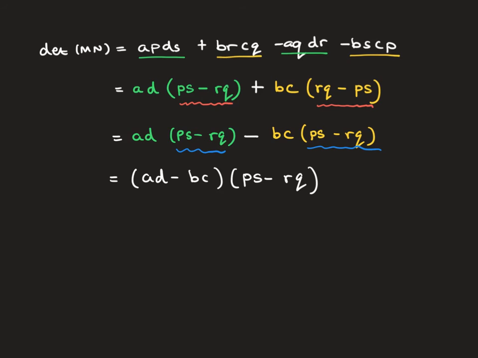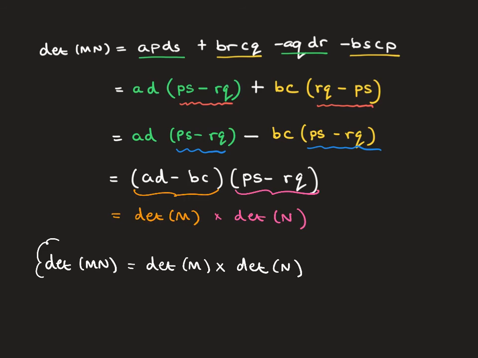Now, what do we know about these? Well, AD − BC is equal to the determinant of M, and PS − QR is the determinant of N from previously. So this very nicely creates a little algebraic proof of the result.